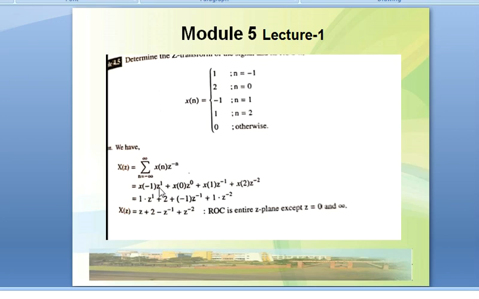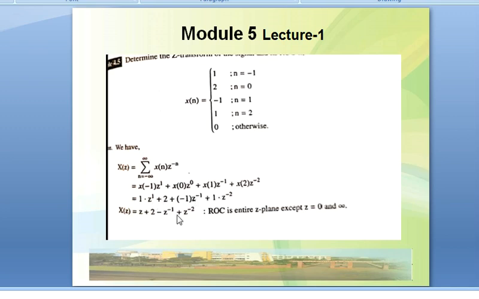So x of -1, z to the power -n. Now our n is -1, so z to the power 1 it would be. X of 0, z to the power 0. X of 1, z to the power -1. X of 2, z to the power -2 similarly. When we substitute the respective values, x of -1 is 1, x of 0 is 2, x of 1 is -1, x of 2 is 1.